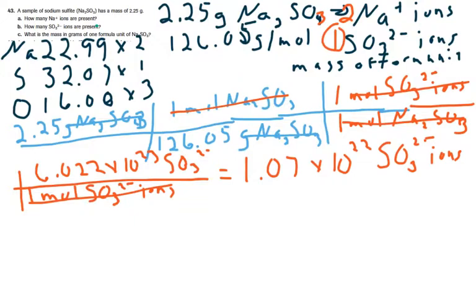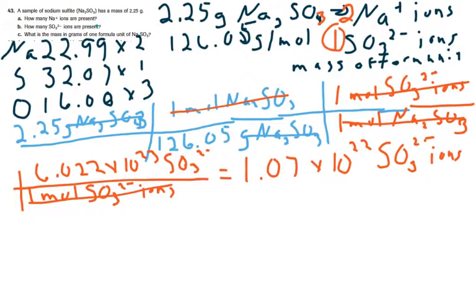This one I'm very likely, because with all that I got 1.0749. So if you had a little different numbers off the start, you might end up with 1.08 times 10 to the 22nd. That would be okay. My answer key actually has 1.08.